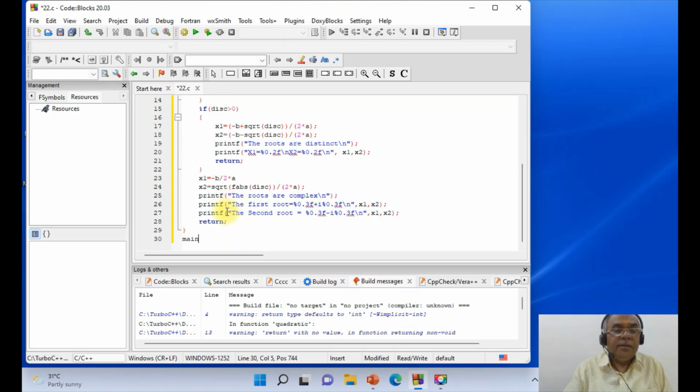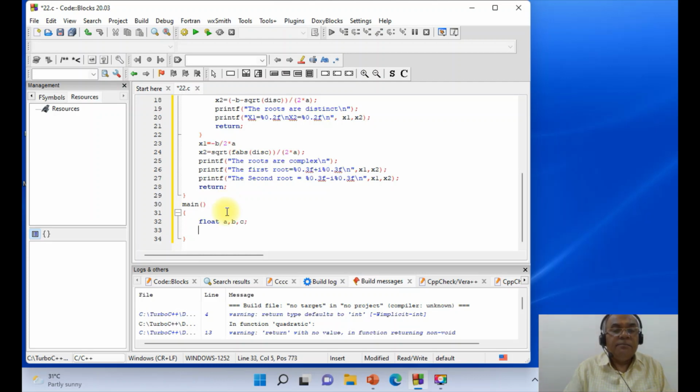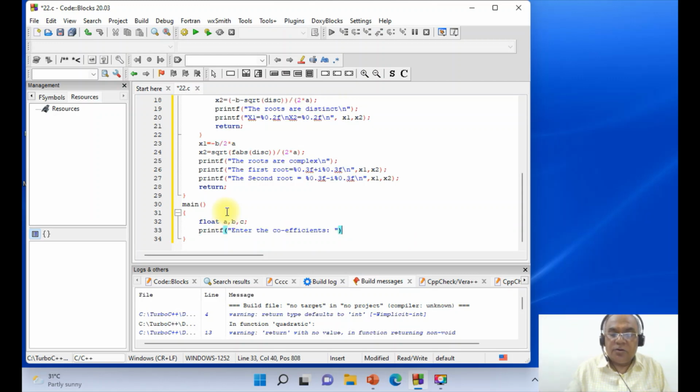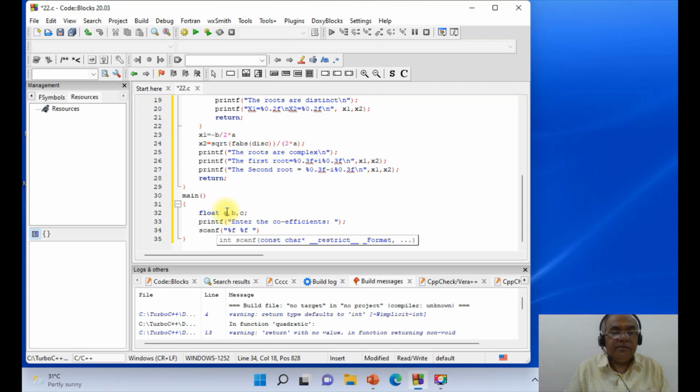Then we have the main function. You take float a comma b comma c, printf enter the coefficients, then scanf, %f, then ampersand a comma ampersand b comma ampersand c.